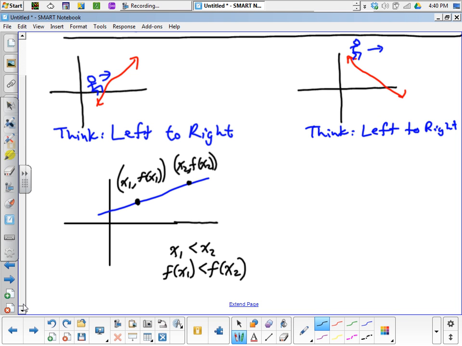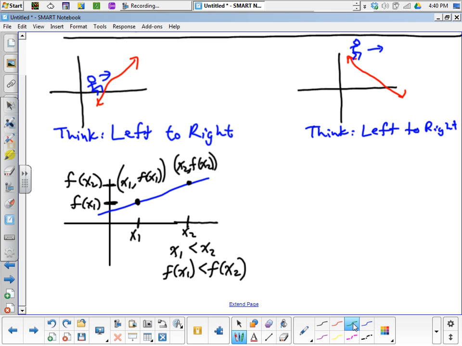Okay, so this is just another way of saying that x1 came first on the number line, and then x2 came next. So x1 is to the left of x2. And in the y direction, f of x1 is also less than f of x2 because it's below it. Okay?